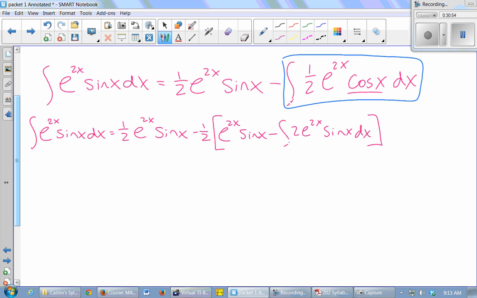So this thing that I circled in blue got replaced with what's in the pink parentheses. Make those blue so you can see the substitution.